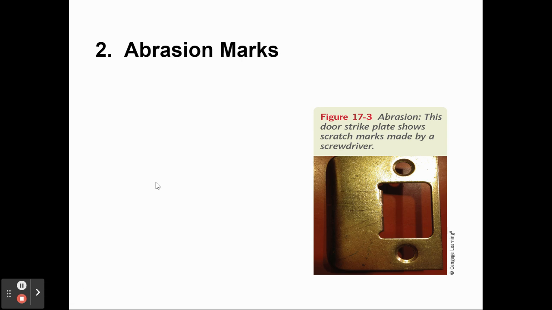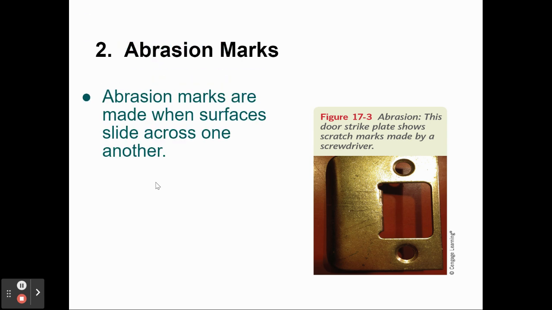The second of the types of patterns that are left are going to be the abrasion marks. Abrasions are going to occur when you have objects slide past one another. So if you've ever fallen down and scuffed your knee on a sidewalk, that's an abrasion. Right? Your knee was sliding across the surface of the ground.